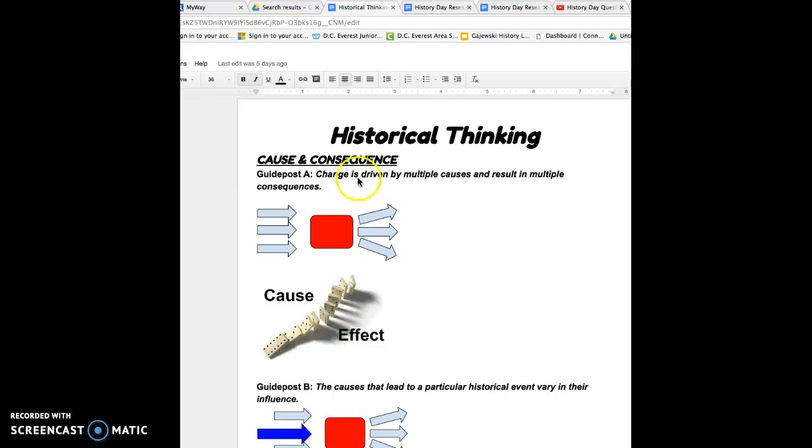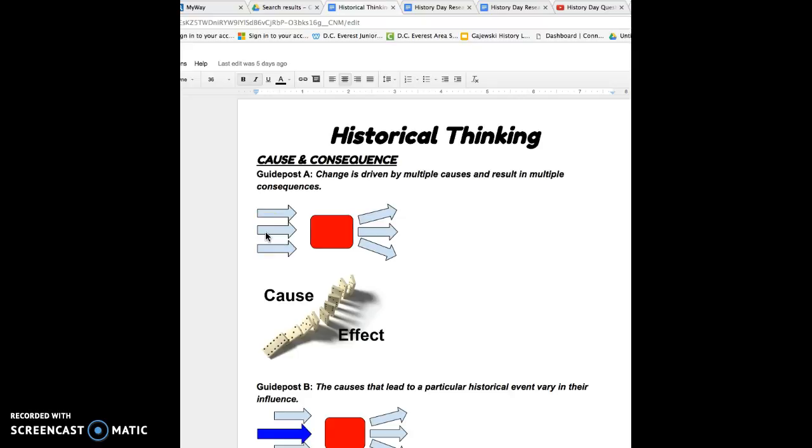The first one, I think the big thing here is in elementary school, you've talked about cause and effect, and now we want to get a little more sophisticated and realize that while sometimes it could be like the domino effect where one thing causes this, a lot of times there's really multiple causes that bring about something, and then often multiple effects or multiple consequences, not just one. So that's the first thing, is looking at that idea of multiple causes.